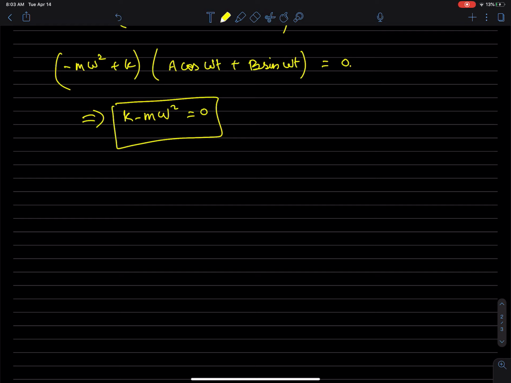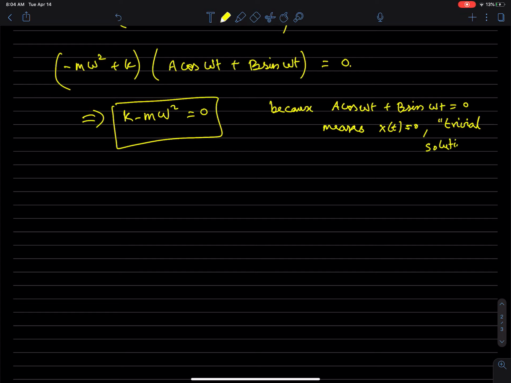Because A cosine omega t plus B sine omega t equal to 0 means x of t equals 0, and that's not what we want. That is the so-called trivial solution.